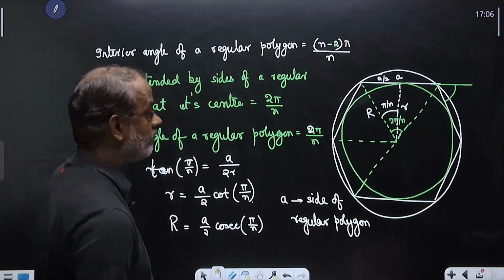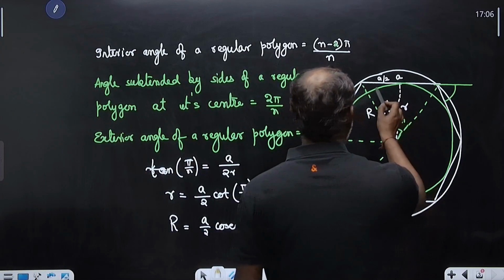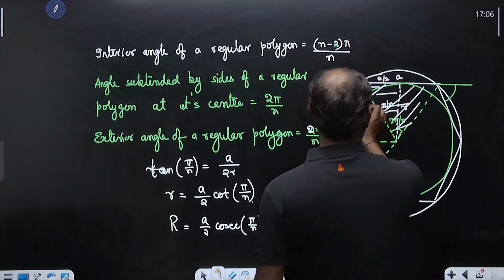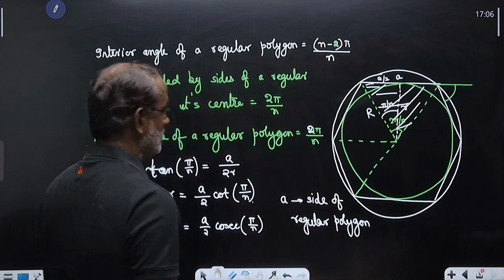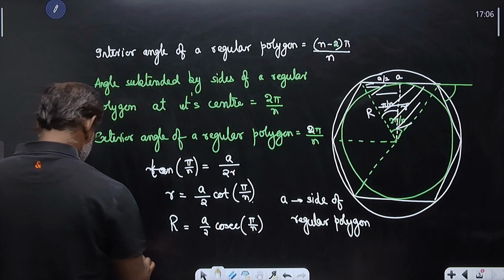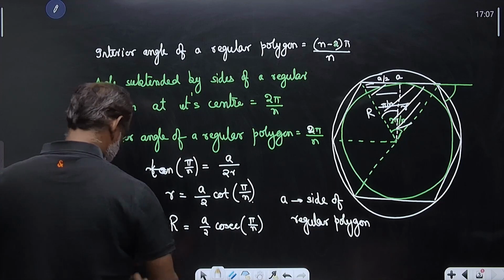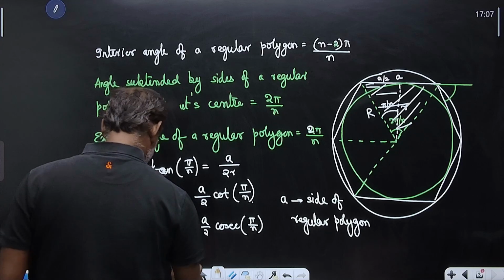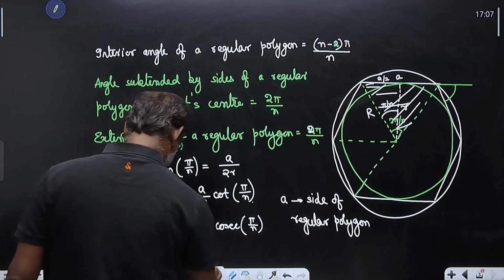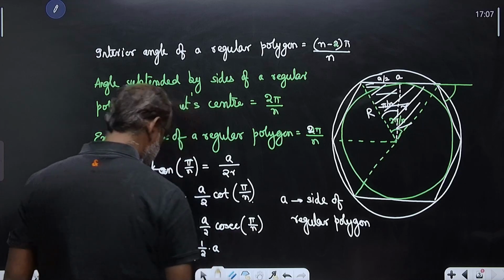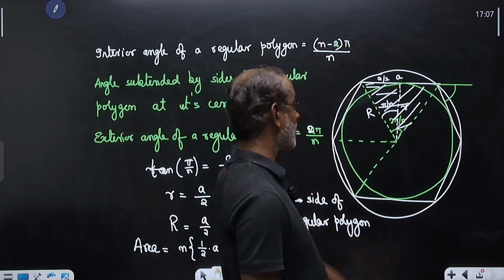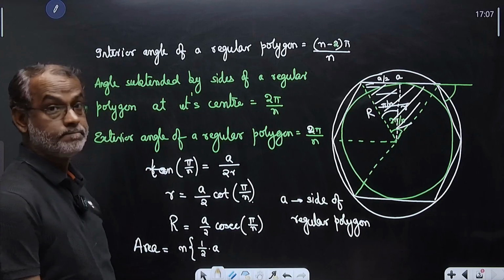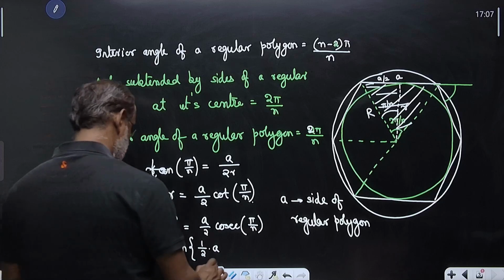Area of a polygon is nothing but, if you find the area of one triangle and simply multiply, so area is n times half base a. What is height? Height is small r. Okay, what is small r?